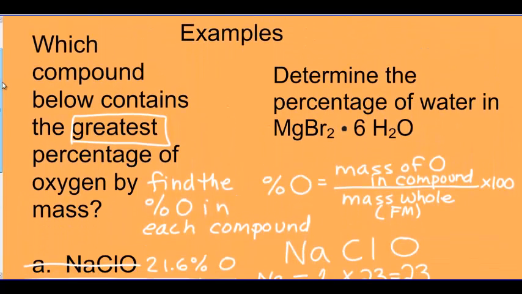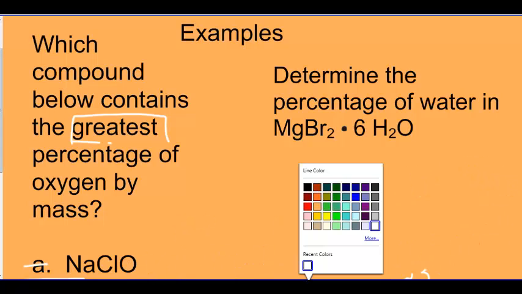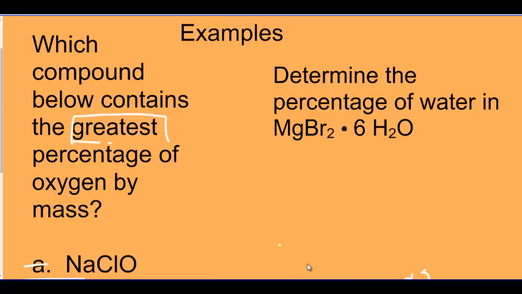You have another example in your notes on the next page, page 3. It says, determine the percent water in MgBr2·6H2O. I'm just going to erase this here, and we'll do this as example number 2. This time they don't want the percent oxygen, they actually want the percent water, but it's the same idea.